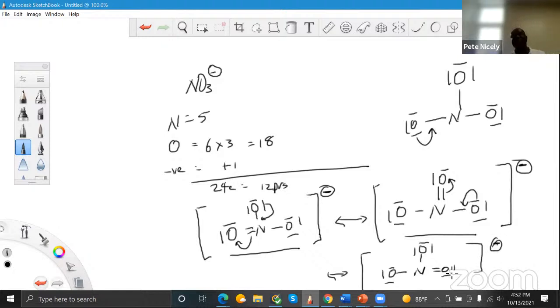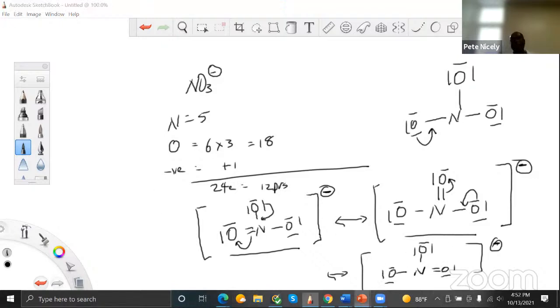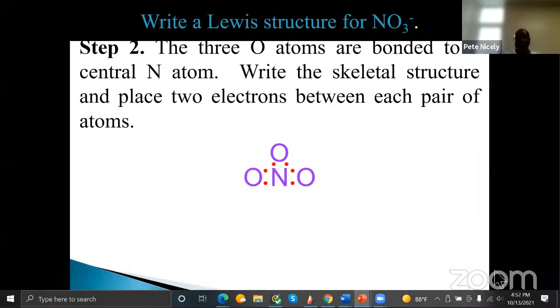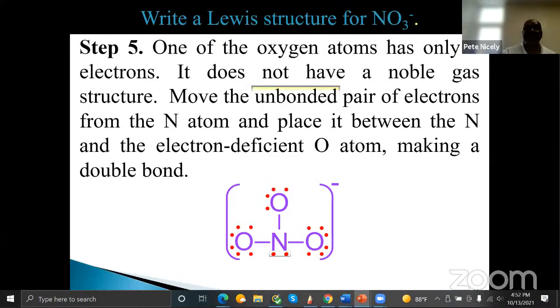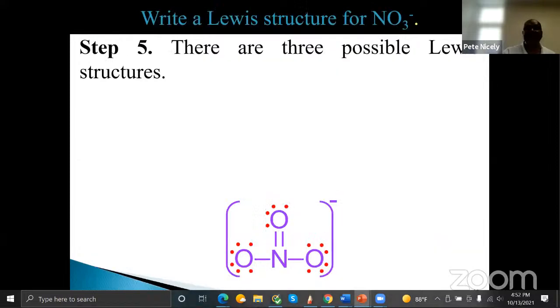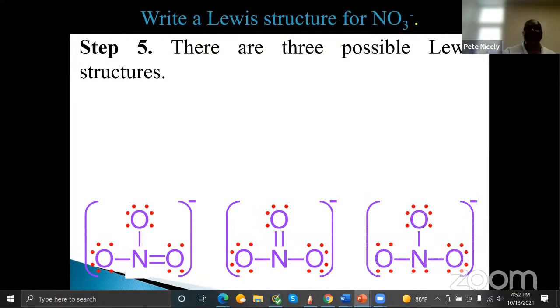All right, so basically there are three possible structures that can be used to represent the nitrate ion, all right? And in chemistry, we call these three structures resonance structures. Let me go back to the PowerPoint here. Right, so these are the three structures I just showed you.